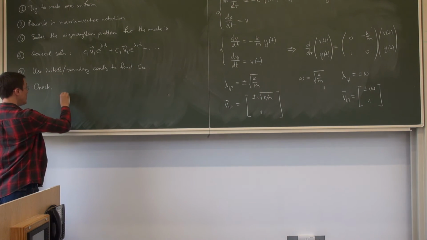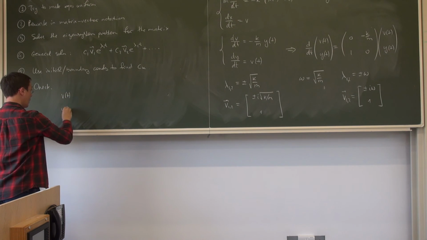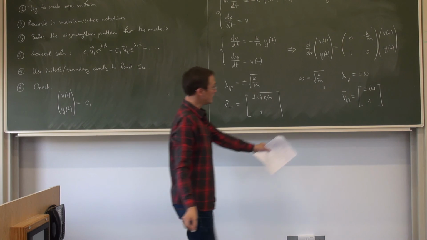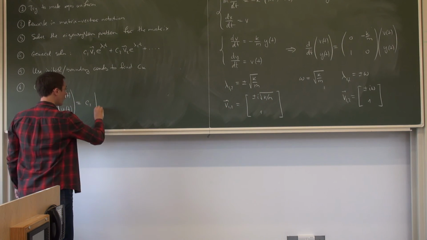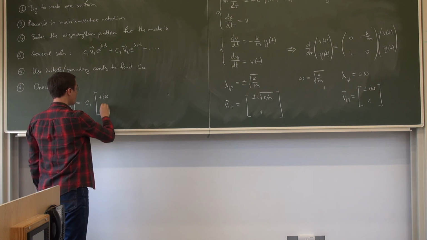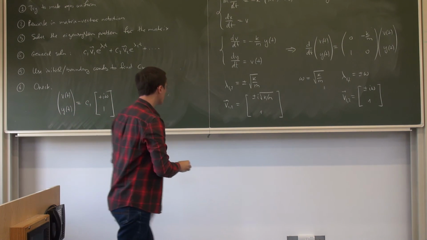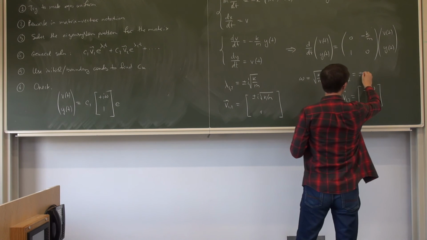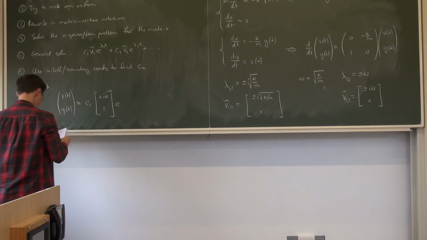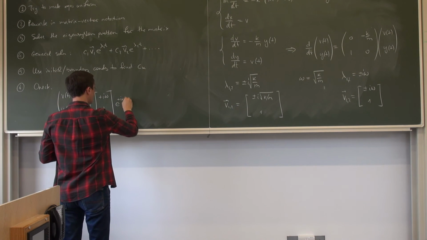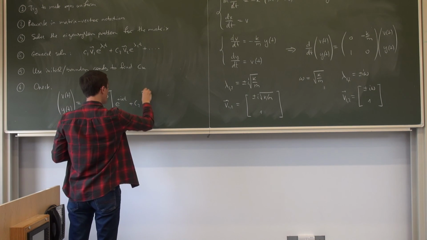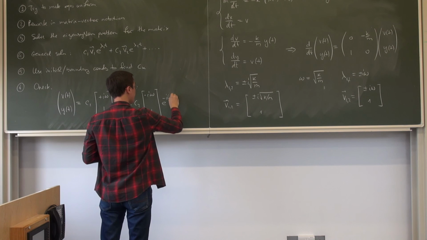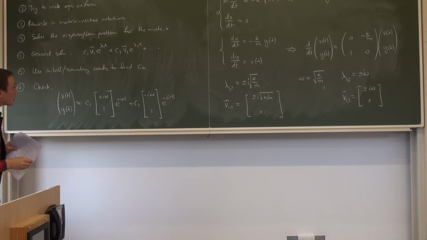So we have the vector (v(t), y(t)) equal to arbitrary coefficient c1 times vector 1, which is (i omega, 1), and then exponential 1, so it's e to the i omega t, plus c2 times (minus i omega, 1), the other exponential, e to the minus i omega t. And that is the general solution.